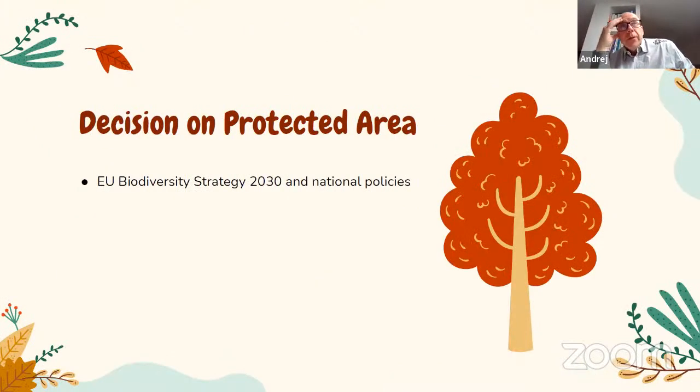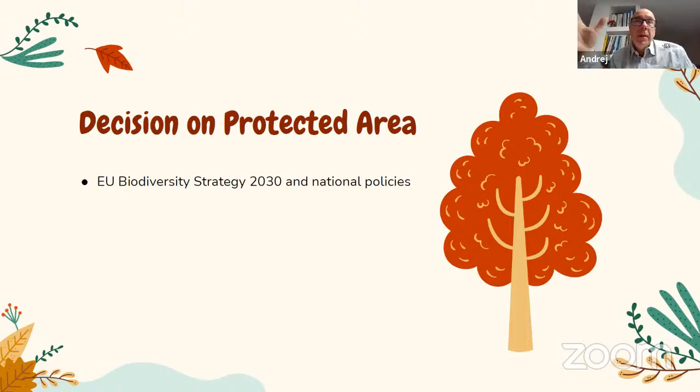I would like to say a couple of words about the international stimulus for establishment, but also for management of protected areas, conserved areas, ecological networks, and also OECMs at the European Union level.